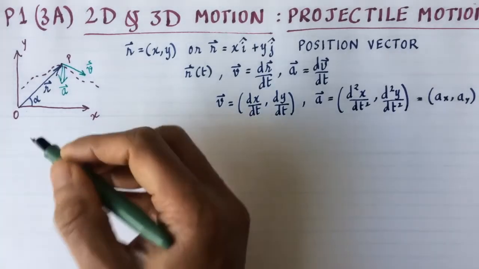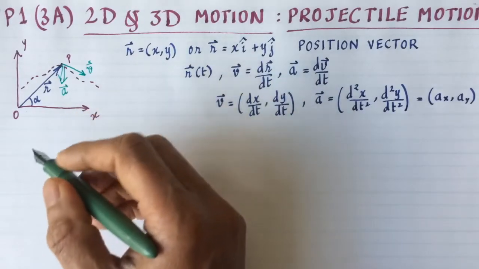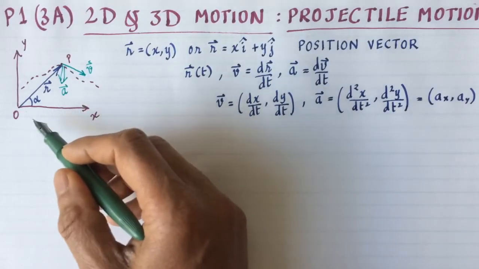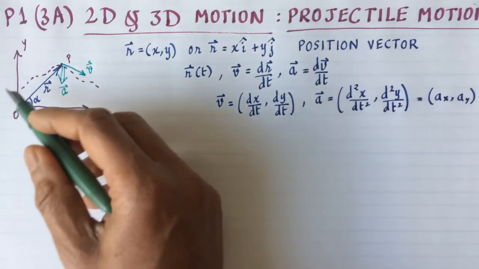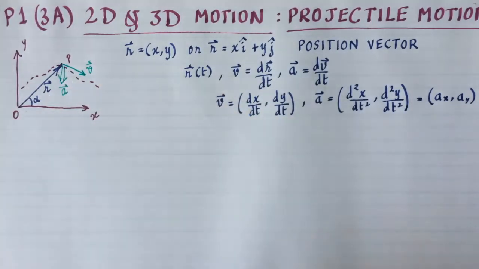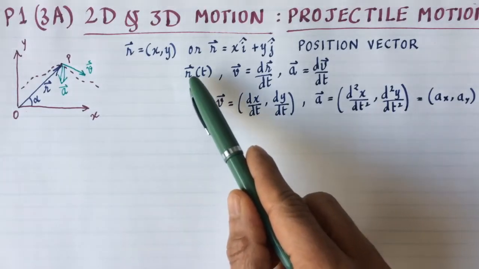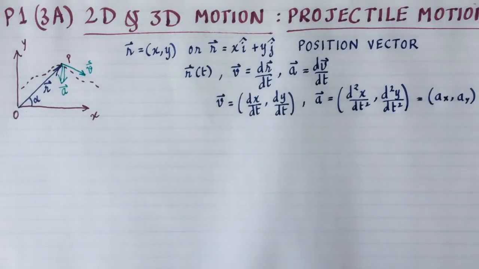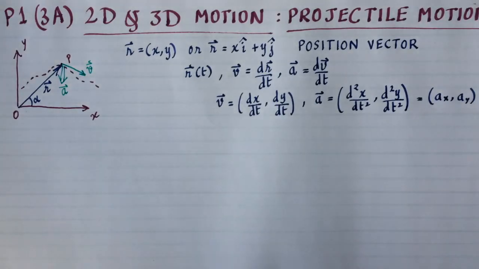Now if you look at this diagram, you can have separate descriptions of x and y. So that's going to be our line of attack. Rather than think of r of t, we're going to look at x separately and y separately, and then put them together if necessary to find out r.